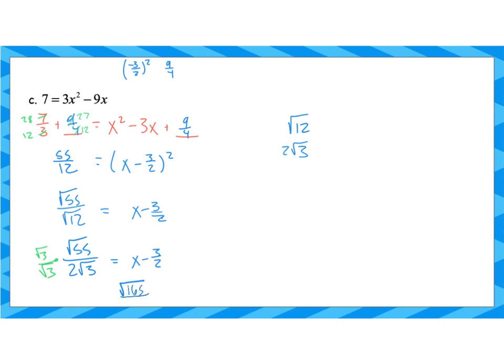And then at the bottom, that would become just 6. And then my last step there to get x by itself would be to add 3 over 2 to both sides. So I would get x equals 3 over 2 plus or minus the square root of 165 over 6.